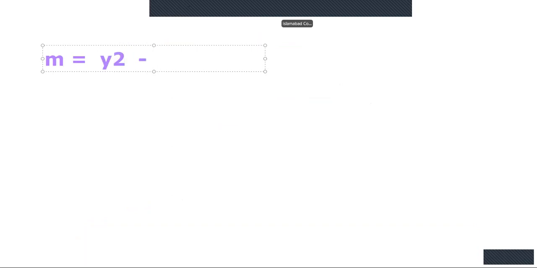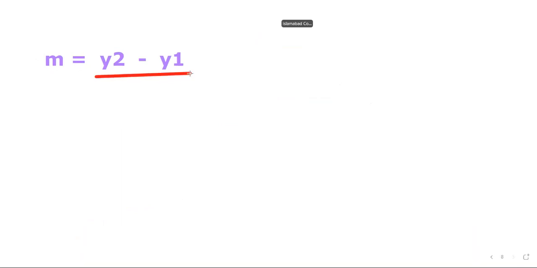So gradient is m, and it is equal to y2 minus y1 divided by x2 minus x1.